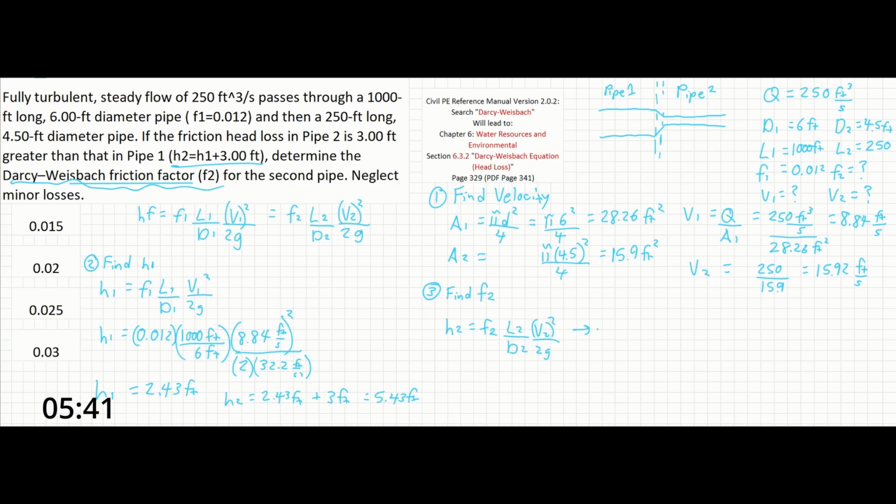So plugging in our terms, we have 5.43 feet equals F2 times 250 feet over 4.5 feet times 15.7 feet per second squared over 2 times 32.2 feet per second squared.